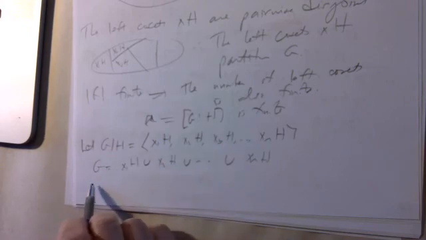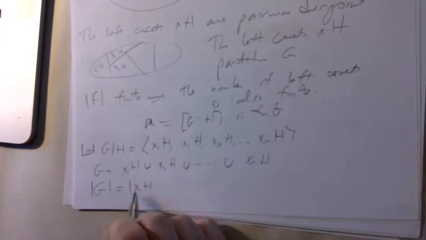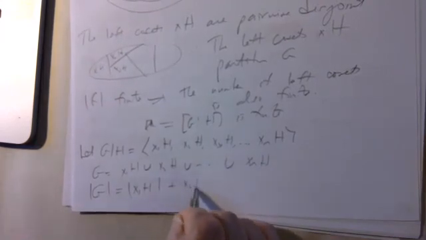And because they're pairwise disjoint, the number of elements in G is the sum of the number of elements in each left coset.